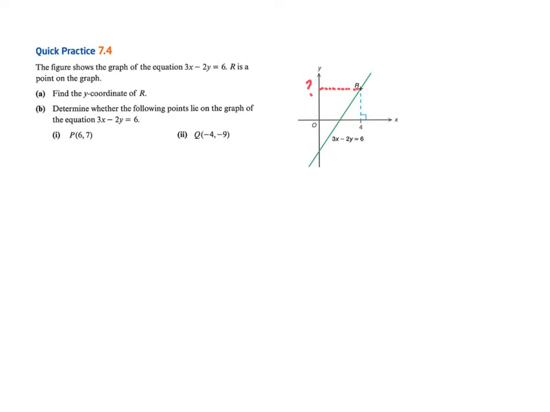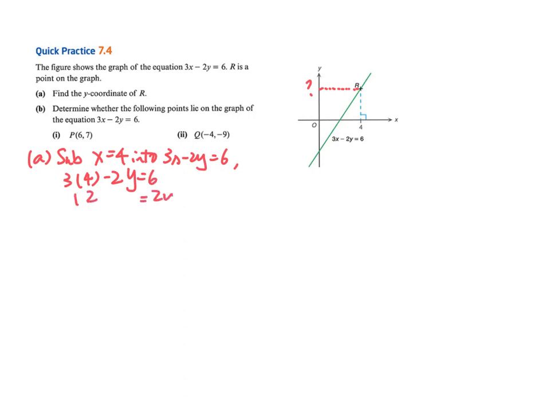To find the y-coordinate, since R lies on the graph, you can substitute x equals 4 into the equation to find y. So 3 times 4 minus 2y equals 6. So it would be 12 minus 2y equals 6. I move the 6 across, which gives you 6 equals 2y. So y will be equal to 3.